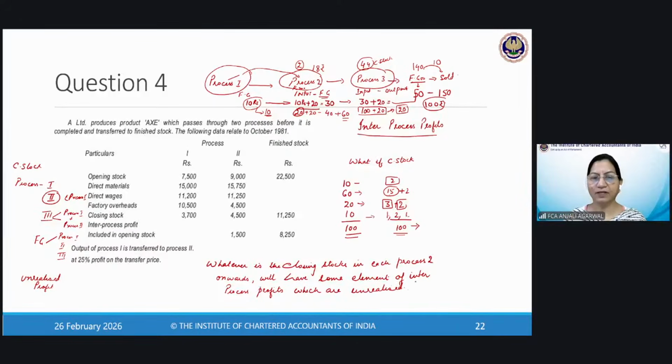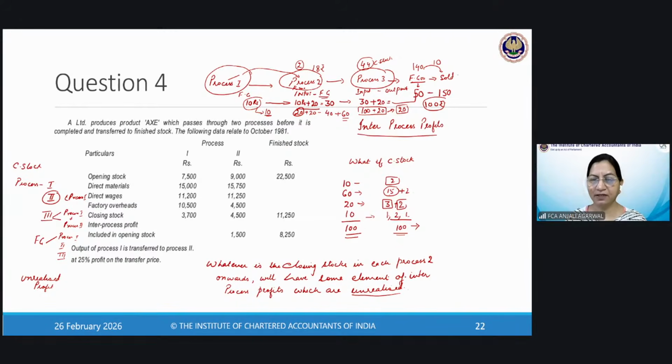So we have to calculate what is the unrealized profit in the closing stock. And then in the next period, this closing stock will become opening stock. And if we follow FIFO, they will be sold. So when they are sold, this unrealized profit will then get realized. So in the next period, unrealized profits in the opening stock will get realized, but the closing stocks will again have unrealized profits.